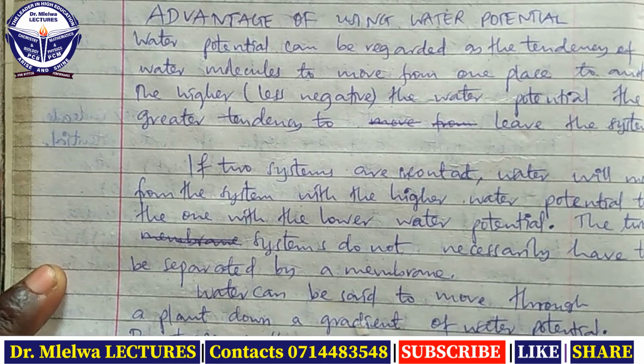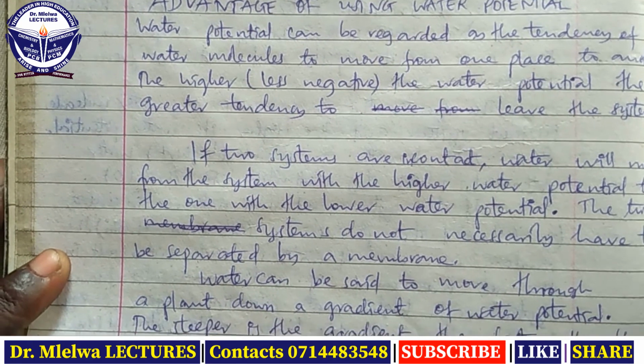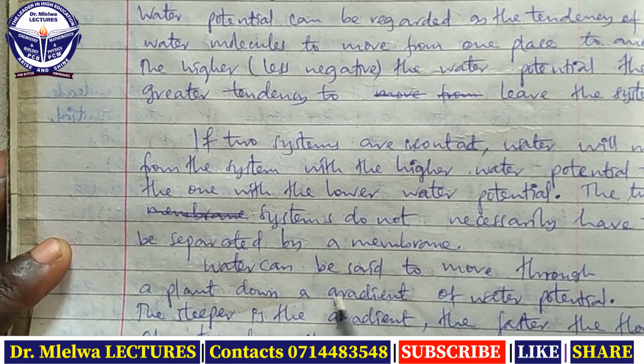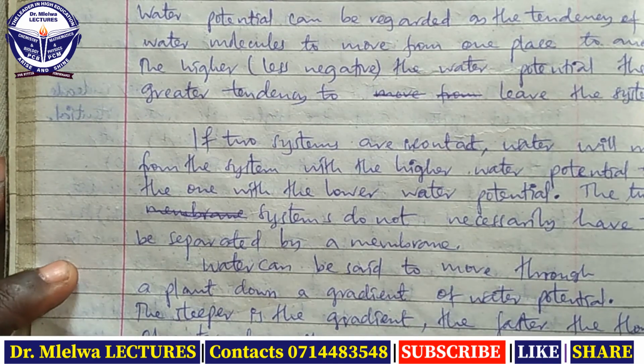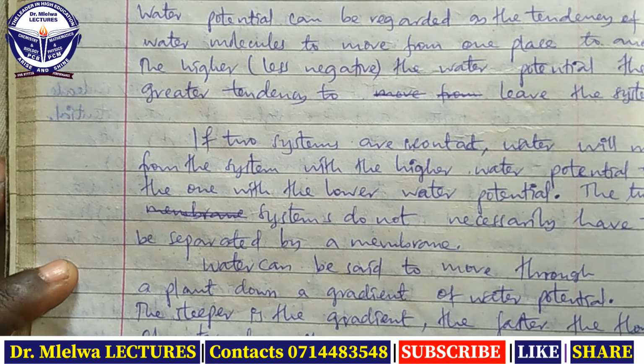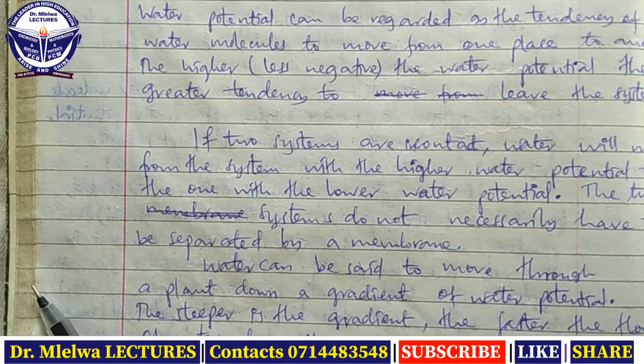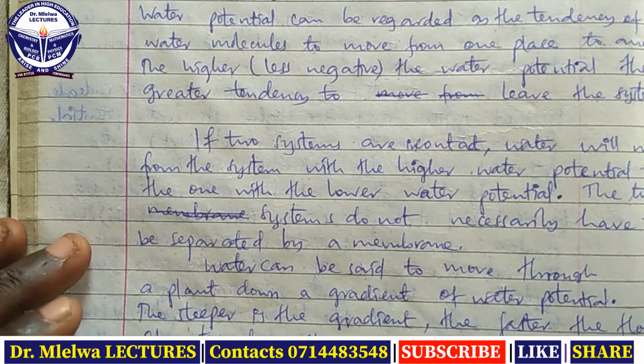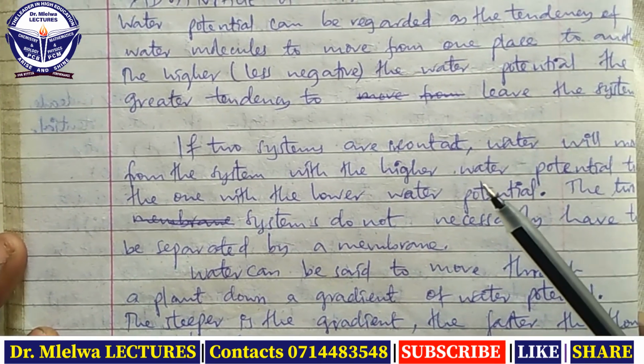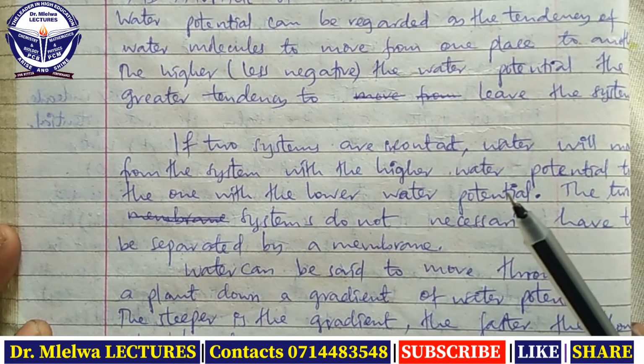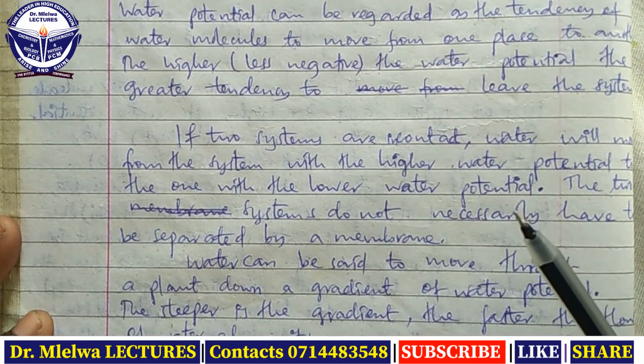So water can be said to move through a plant down a gradient of water potential. That is the major and important concept you need to understand about water potential. If water potential is higher on one side and lower on another side, water will move from the side of higher water potential to the side of lower water potential.